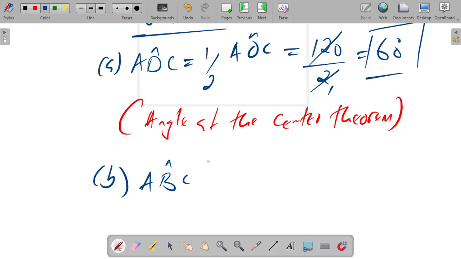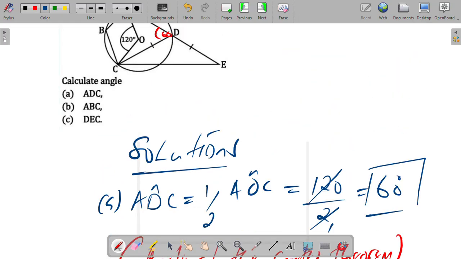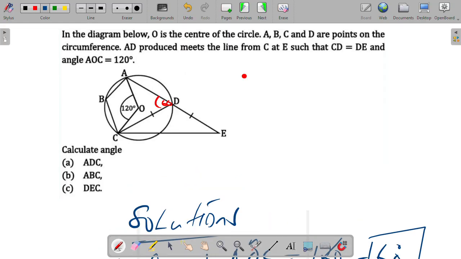In order for you to solve this question, you must understand that we are applying the cyclic quadrilateral theorem here. You can see from our question that ABC is opposite to ADC, and that ABCD is a cyclic quadrilateral.